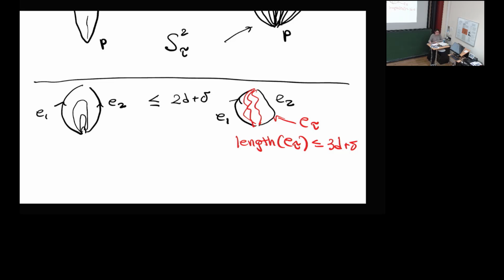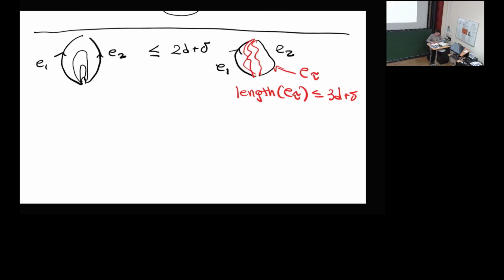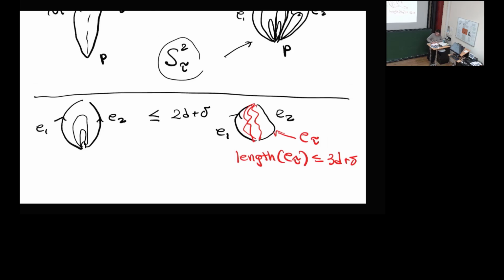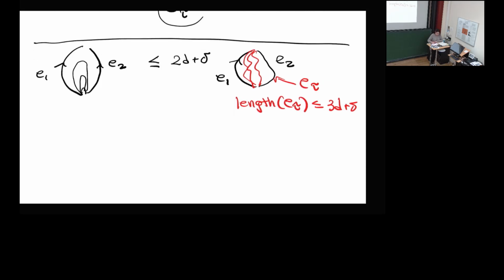Now I would like to construct this family of spheres. What I'm going to do is slowly replace E1 by E tau and repeat the whole procedure. So this is my sphere at time tau.